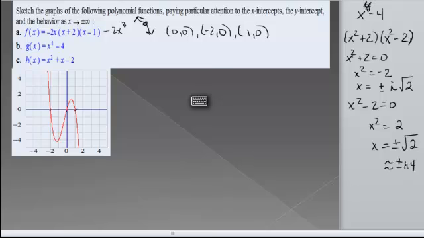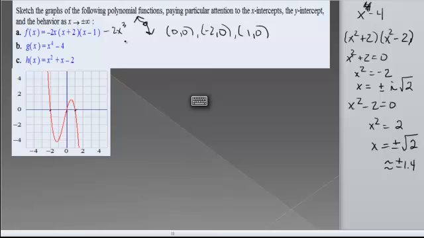I only did that so that I'll know where to plot it on the Cartesian coordinate system. Now, since this one is imaginary or complex, we can't really plot that anywhere. So it's still a zero of the function, but it's not one of the x-intercepts.